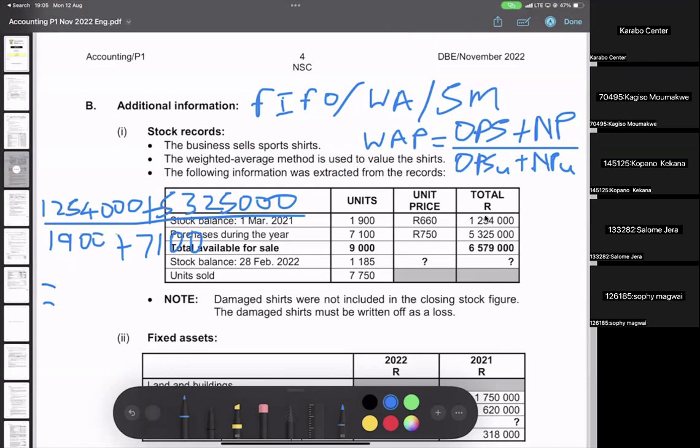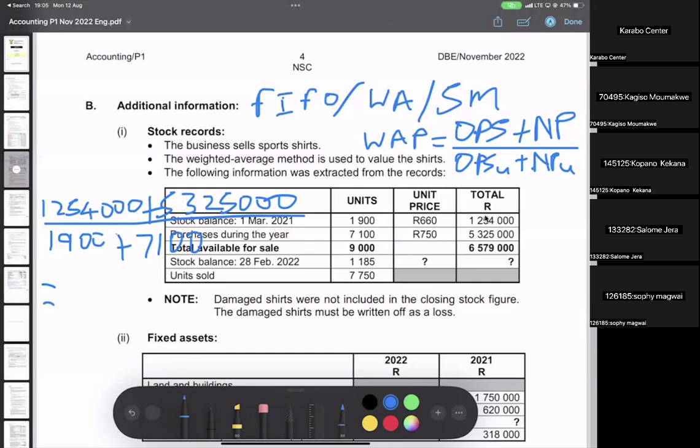Okay. So you can see on this activity, it's already easy because they did add our opening stock plus our purchases, and they did give us a total of 6,579,000. So we'll say 6,579,000 divided by the total units of the opening stock plus the purchases, which is 9,000.